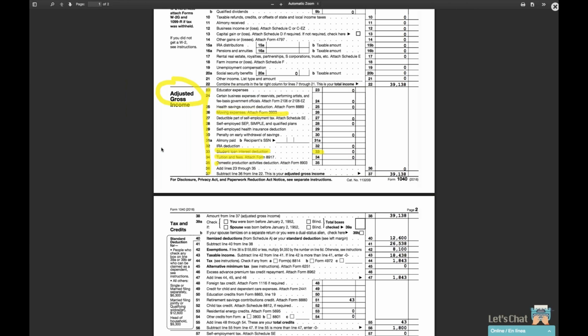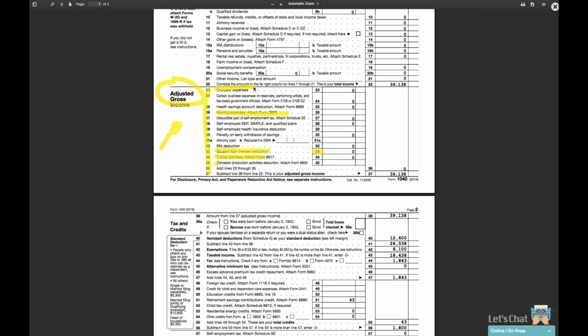What I want to make sure you understand is that adjustments are not credits, right? They are not credits. What they're doing is reducing your income. So the less income you report, the less taxes you're going to pay. So if someone says, oh, I want to see how I can get the moving expenses credit, it's not a credit, it's an adjustment, okay?